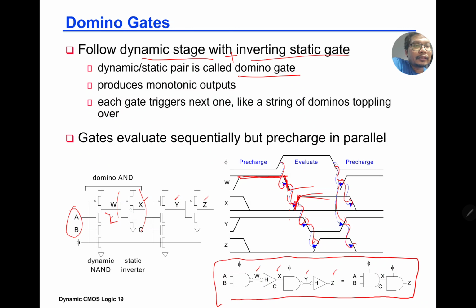Then it goes through another domino stage to the output Y, and the output Y goes down after a certain delay. Then Z, the output of another inverter, goes to logic 1. So that's basically how the domino logic works.